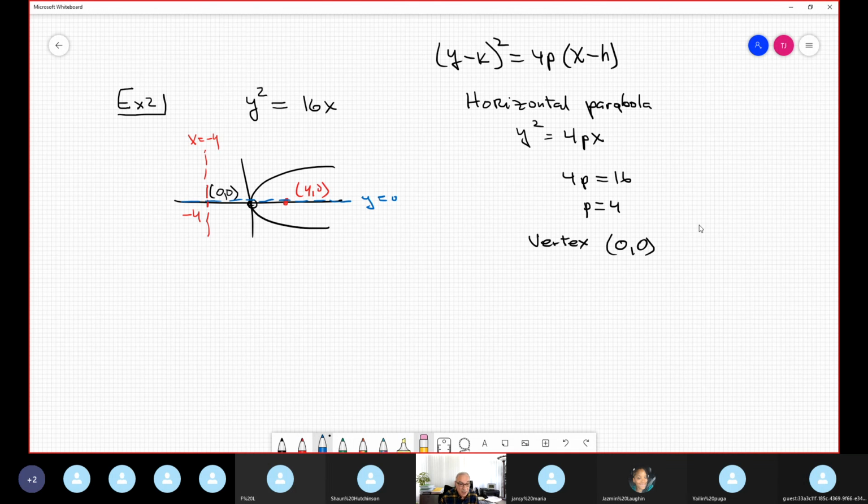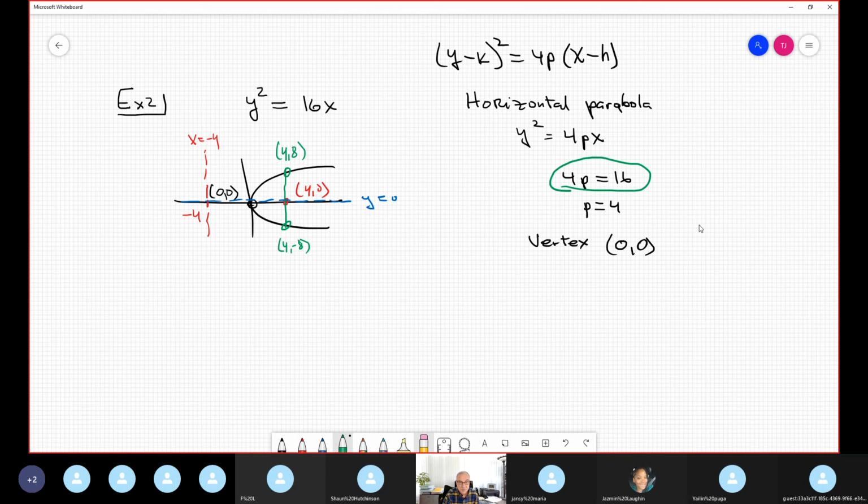And the focal diameter is this segment, and the distance is 2p, and 2p is 8, a in both directions. This point is the point 4, a, and this point is the point 4, negative a. In total, the distance between negative a and positive a is 16, exactly 4p. Okay. This is a rough sketch for the parabola.